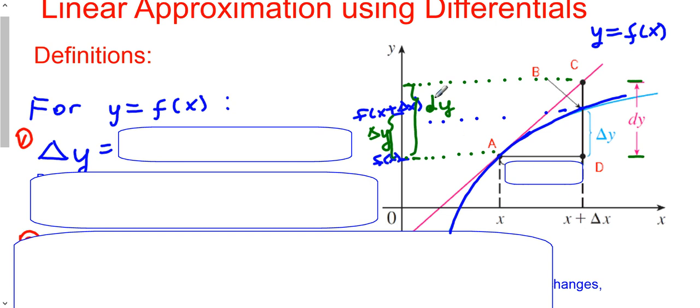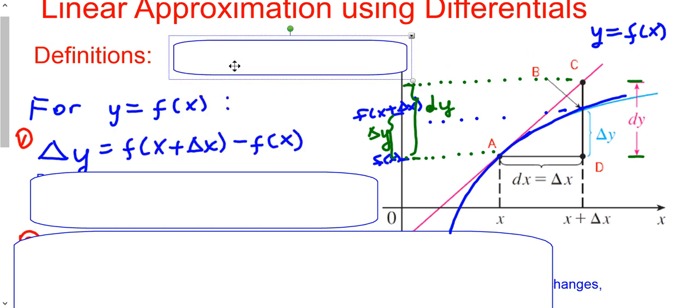And something to notice here is that we're going to assume that dx and delta x are the same. So there's no difference between them. However, dy and delta y, they are not the same. And typically dy is a tangent line approximation for the change in y, and that's typically used to estimate delta y. So let's go over a few things that we just pointed out on the graph.